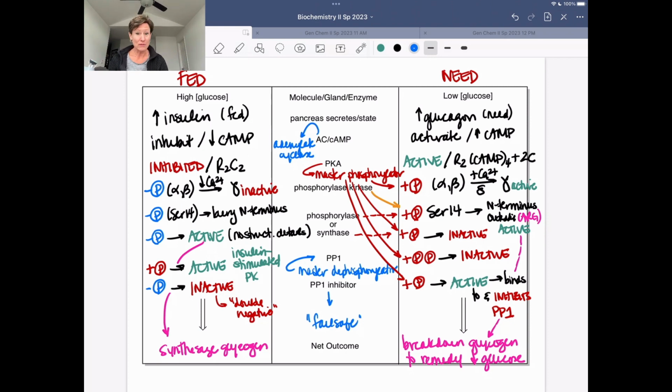I know I've already got a ton of arrows on here, right? But PP1 is going to snip it off of the PP1 inhibitor to make sure that it's not inhibiting PP1. It's going to snip it off of synthase and make sure that it's active. It's going to snip it off of phosphorylase and make sure that it is inactive.